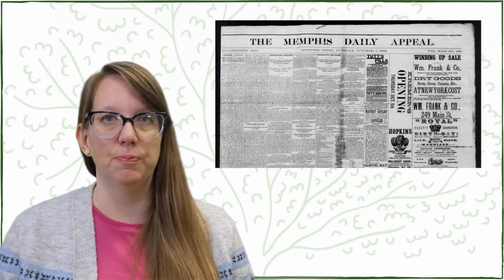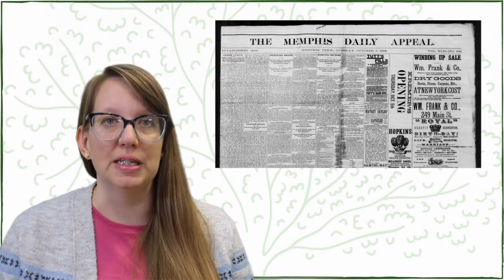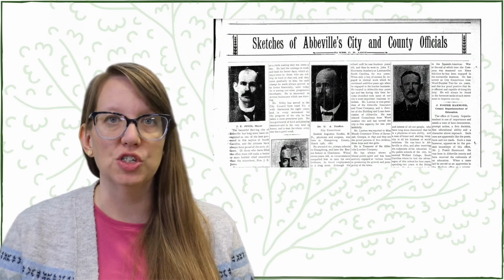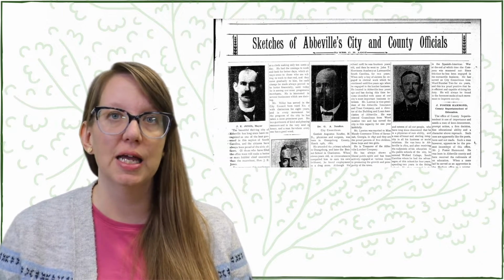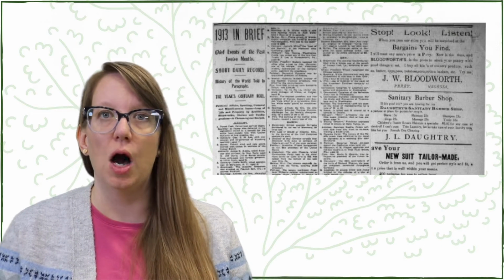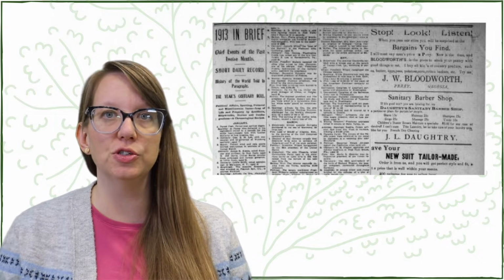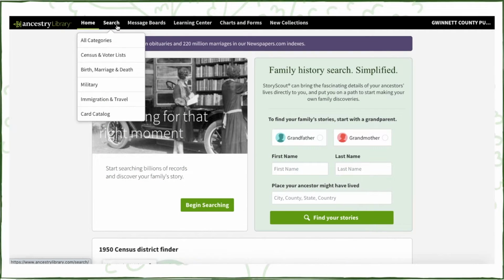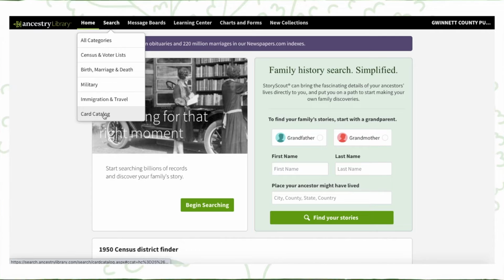Of course, not all newspapers are available online, but the selection is growing rapidly. Digital newspapers are available through both paid and free websites, on websites dedicated to newspapers, or as smaller collections on larger genealogy websites. For example, Ancestry.com has various historic newspaper collections on its site.